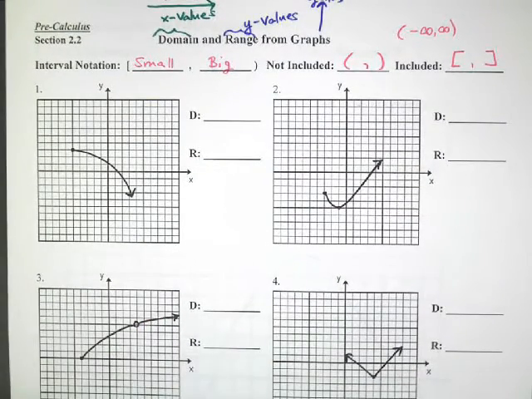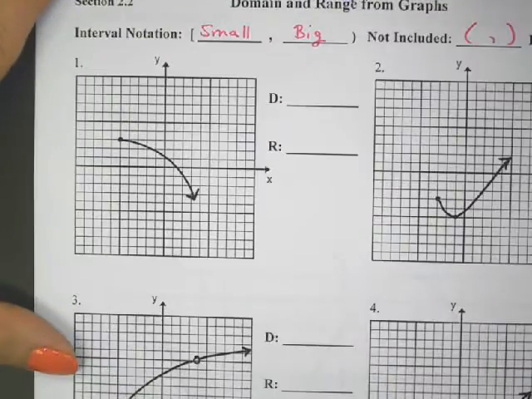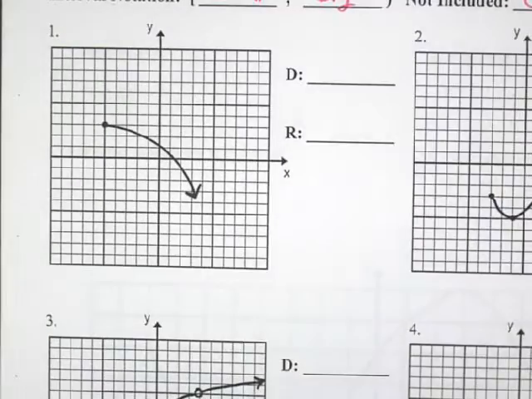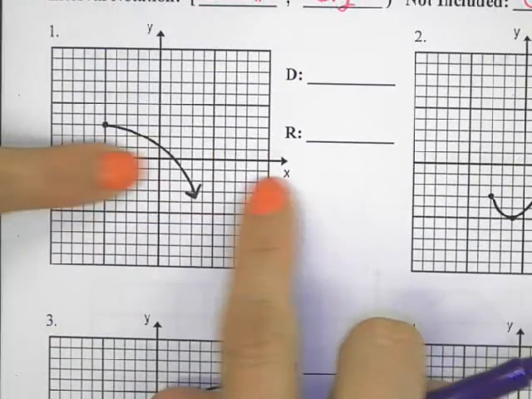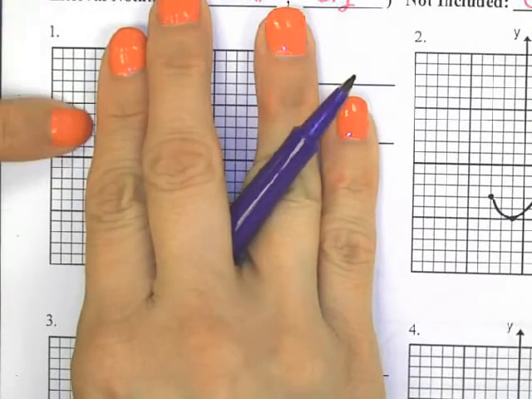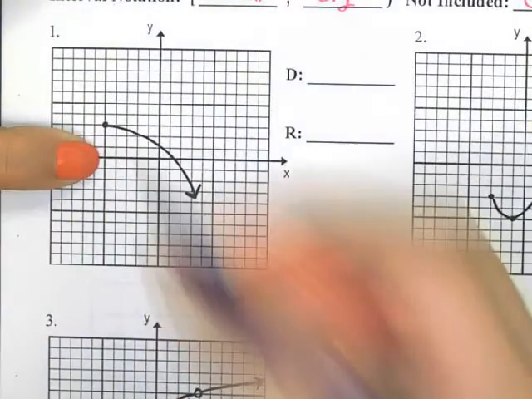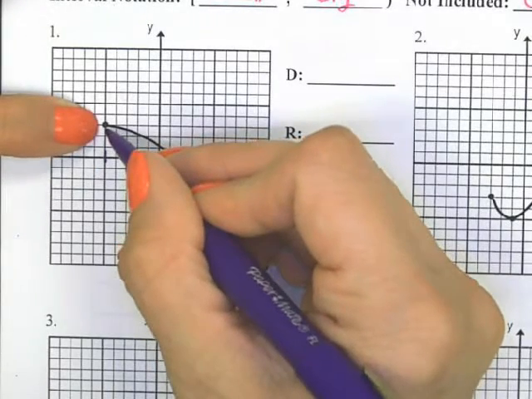So let's take a look at our first graph. I think I'm going to zoom way in so we can take a look at these graphs nice and large here. So domain is x, so let's go to the small end of the x-axis. There is no graph at negative 10, 9. The smallest x being used is negative 5, and that's a closed bubble.